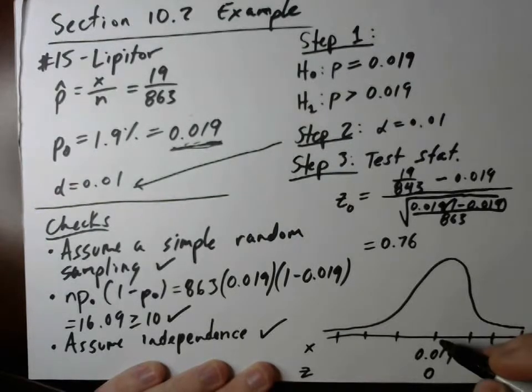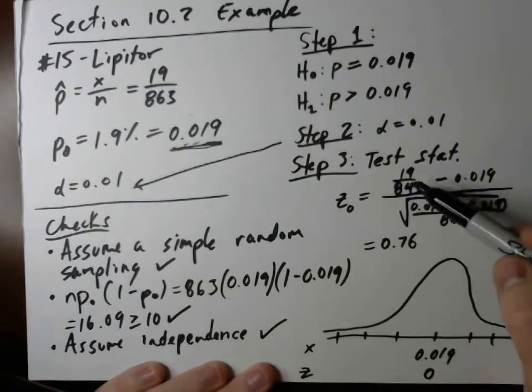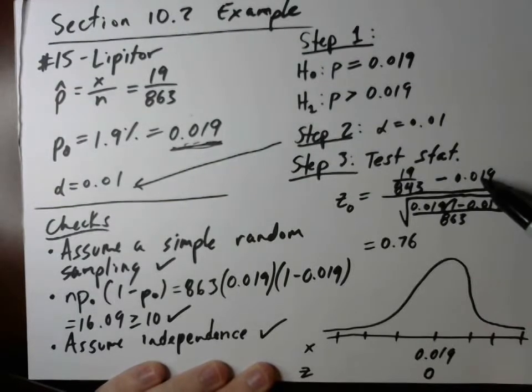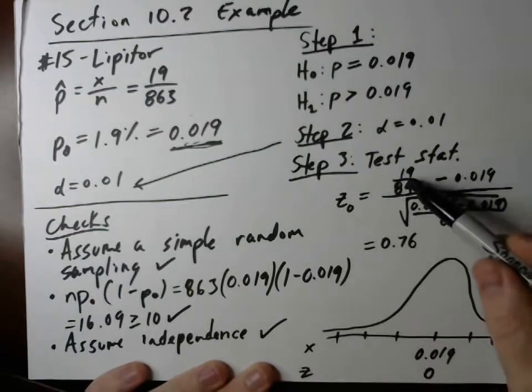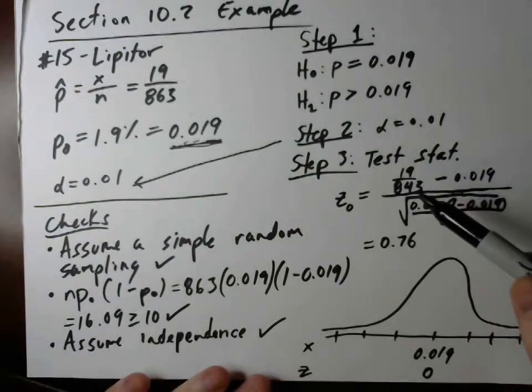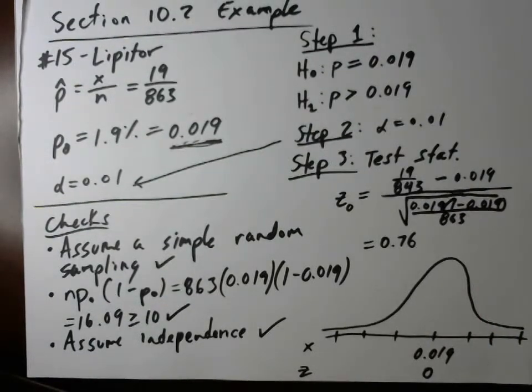And so we would be right in the middle if we got our sample data matching up exactly with our 0.019. And notice that if our sample data was really far away from 0.019, like we got 80%, then that would be really bad. Our numerator would be really large, or really far away from 0, and we would be way out here on the tails.